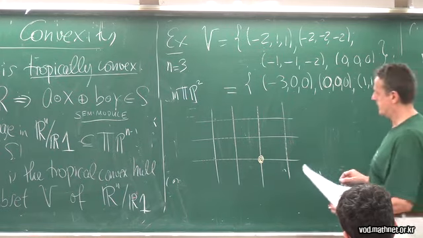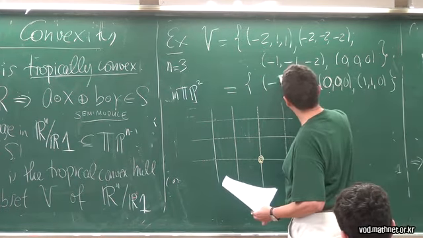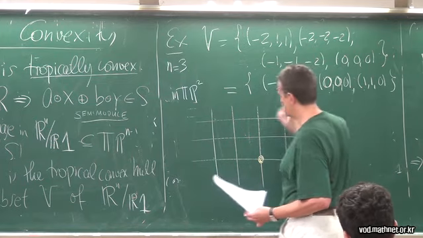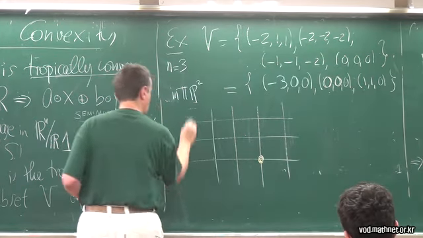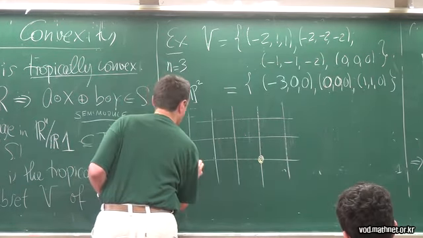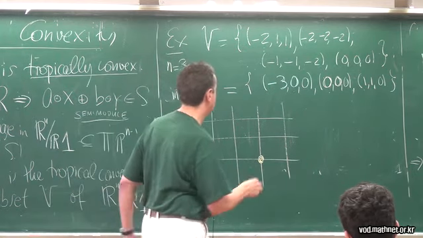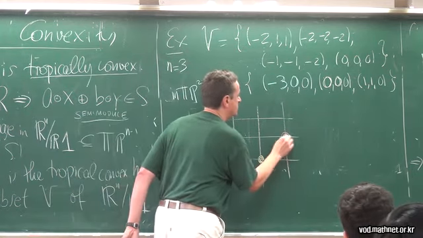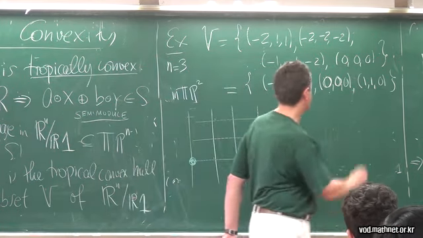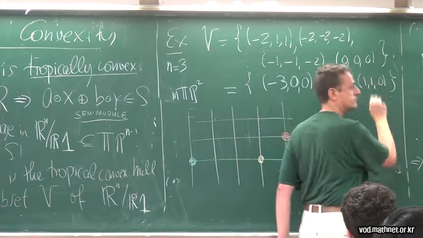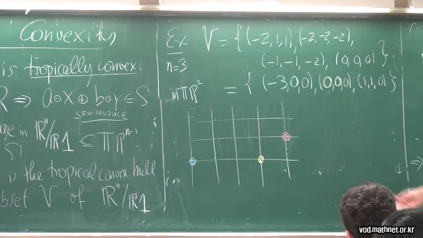Okay, then we have minus 3, 0, 0. That's perhaps over here. And then 1, 1 is over there. Okay. So I have 3 points in the plane.